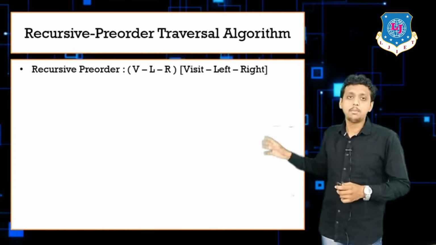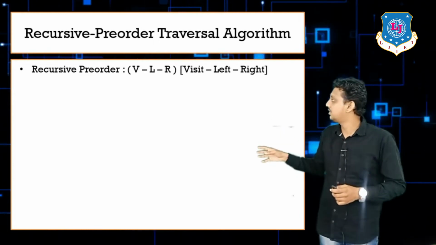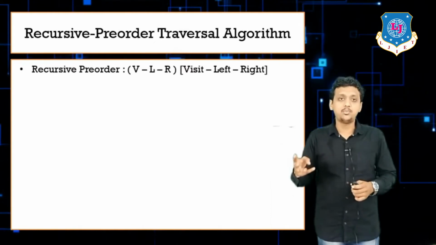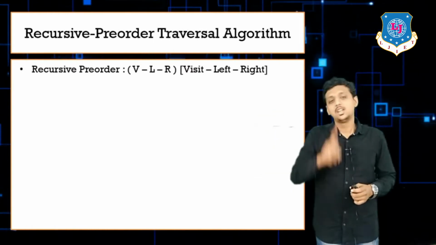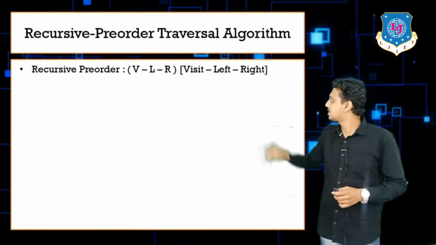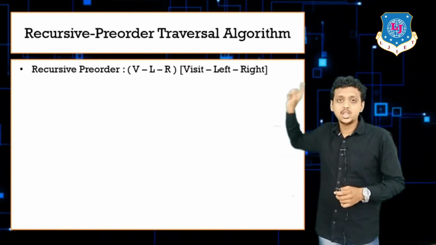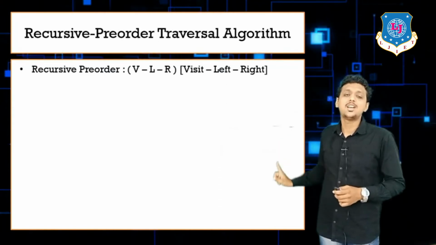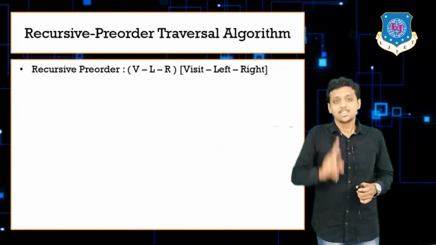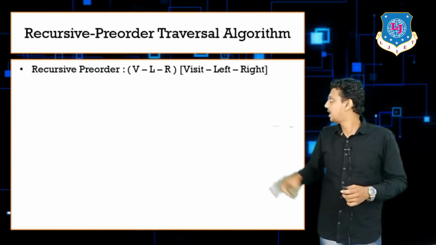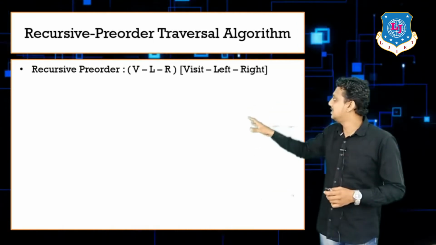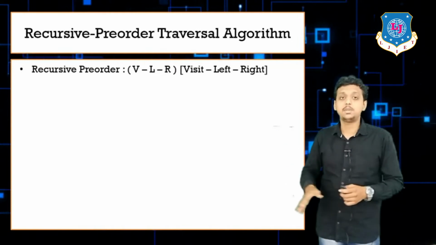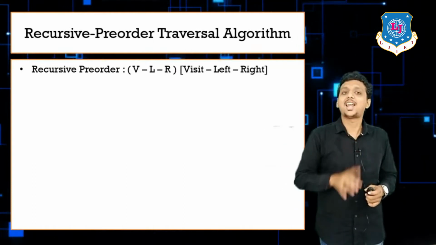According to the manner of traversal, we divide our traversal algorithms into three parts, and the very first algorithm is pre-order traversal, where we first visit the node, then go to the left side and then go to the right side. So here I'm just reminding you that pre-order means VLR, that means visit, left and right.